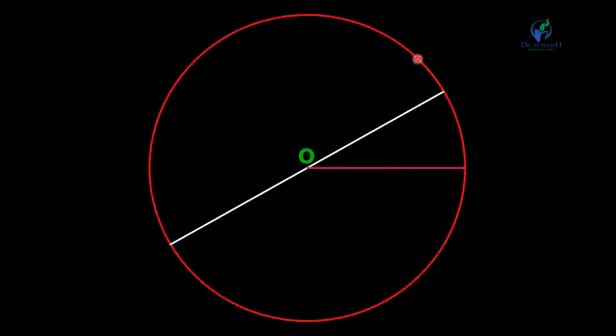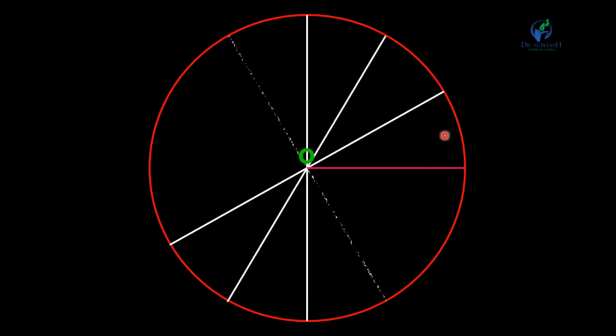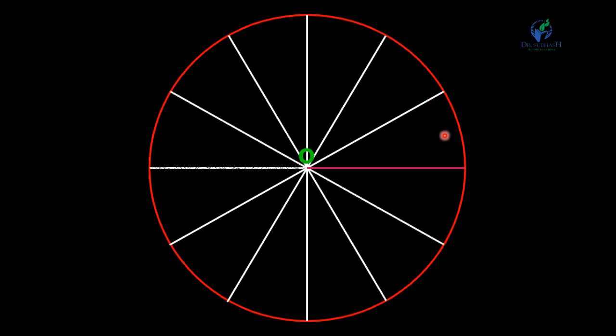First of all, take O as a center and radius equal to 60 mm and draw one circle. Now divide this circle into 12 divisions. You can also divide it into 8 divisions, but here we are dividing the circle into 12 equal divisions, rotating in the counterclockwise direction: 0, 1, 2, 3, 4, 5, 6, 7, 8, 9, 10, 11 and 12.